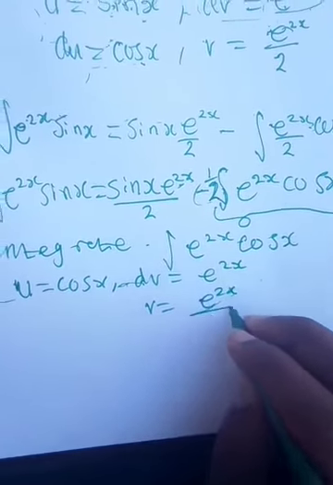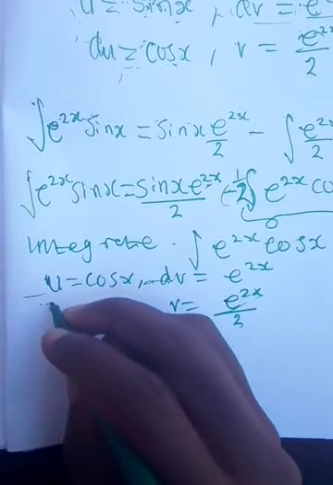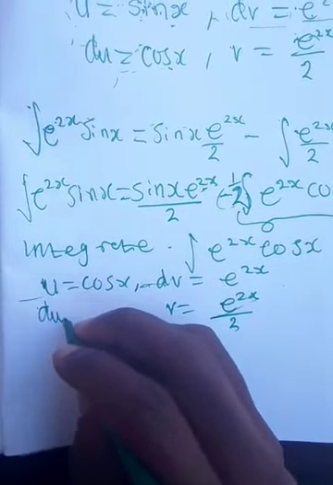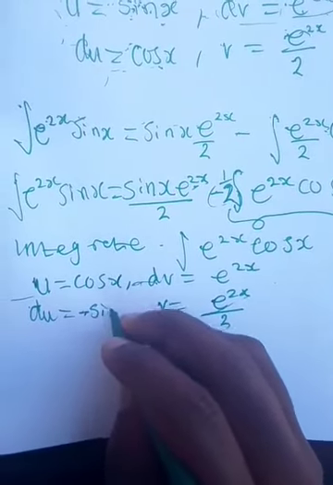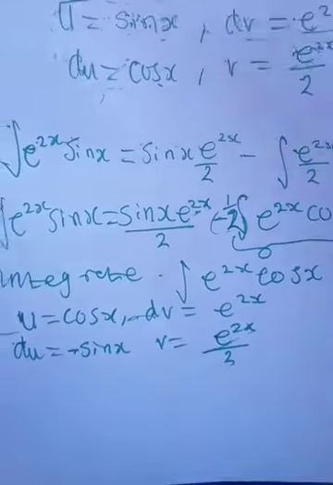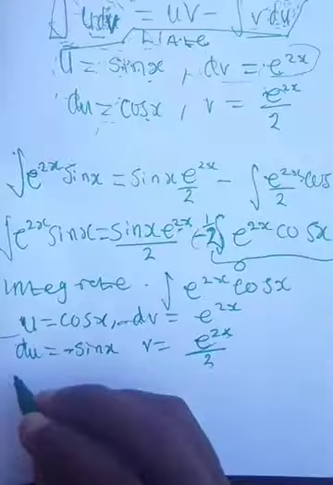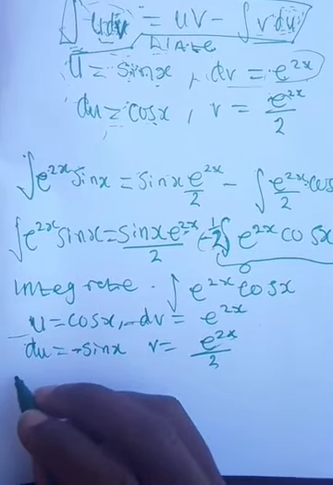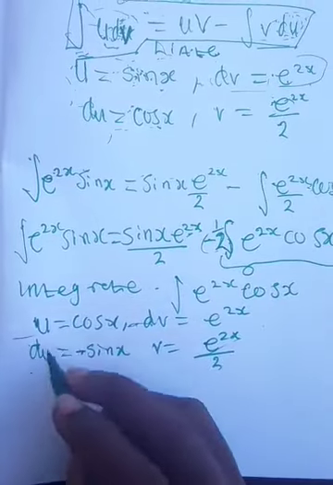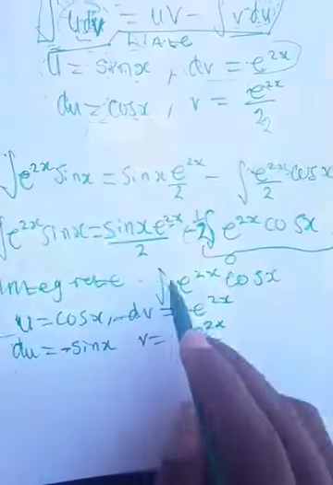And our du is going to be, what's the derivative for cos x? It is going to be negative sine x, right? Now let's just substitute in this formula again. So where is u? I'll just write this function, because substituting here will give me back the function I was differentiating.